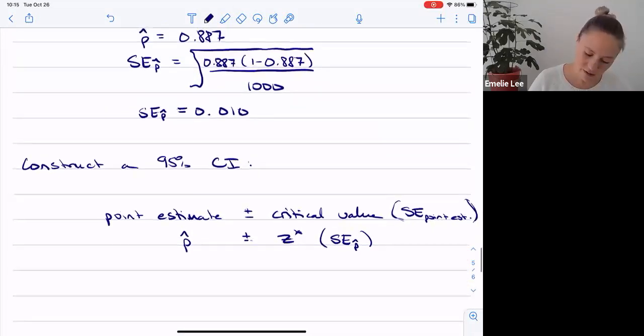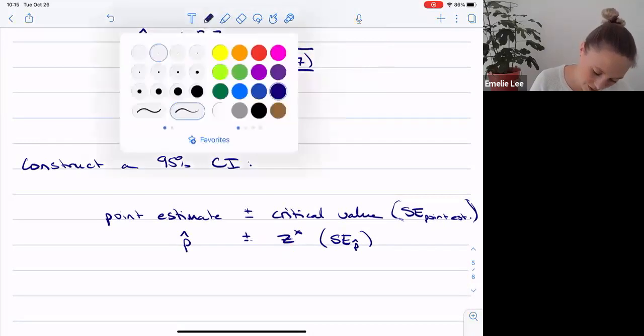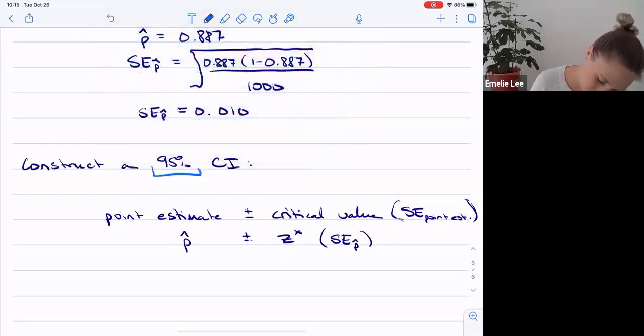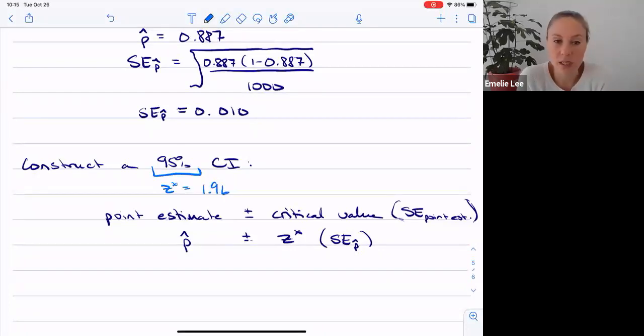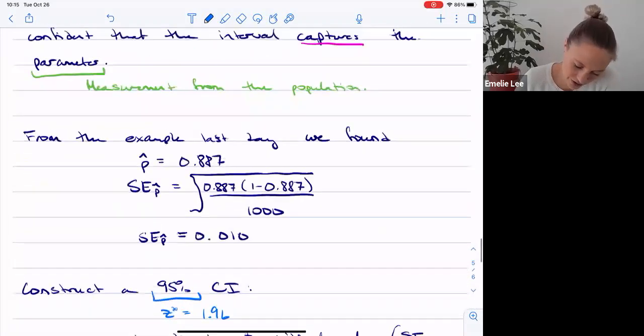Now I remember that z star for a 95% confidence interval is 1.96, which we can confirm with our table.